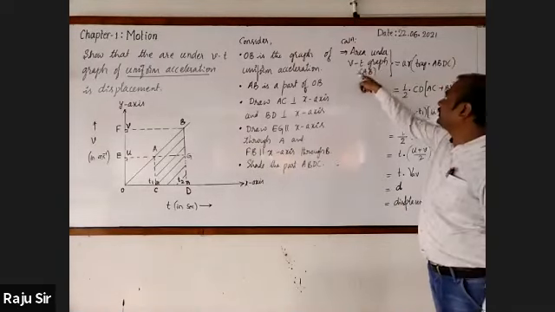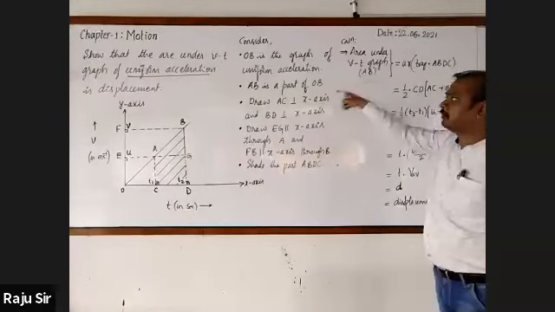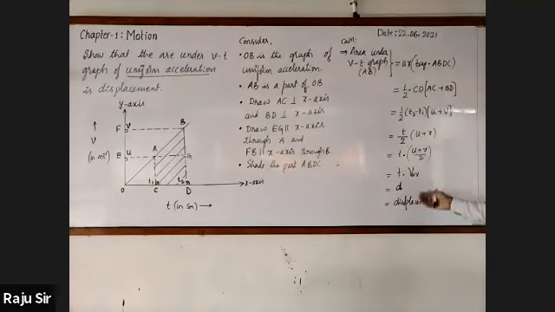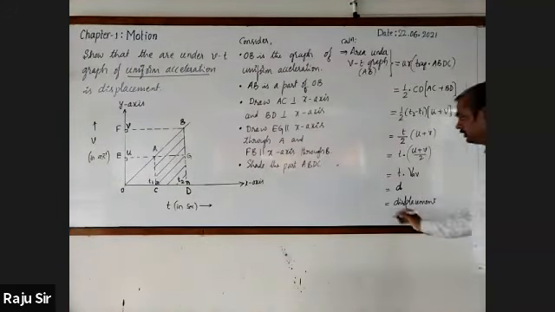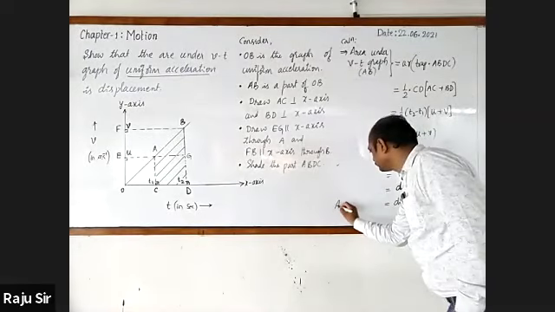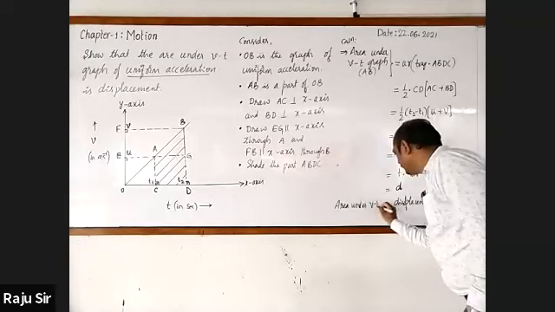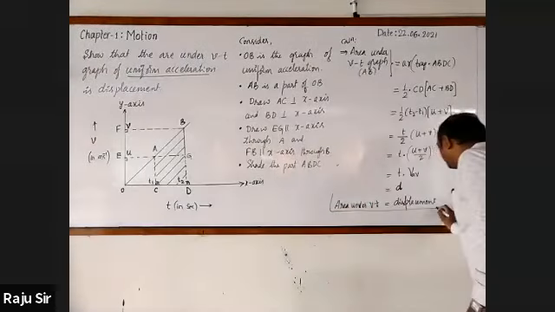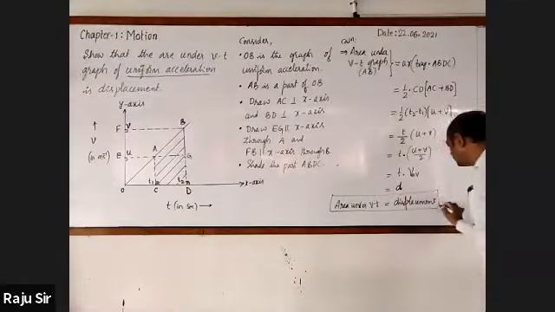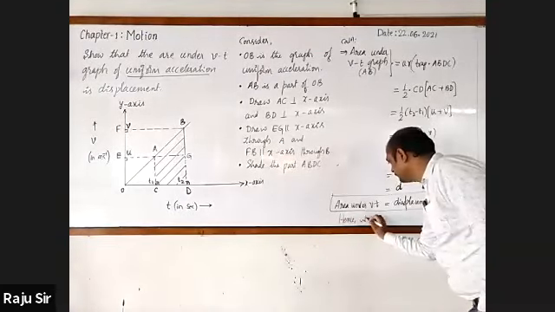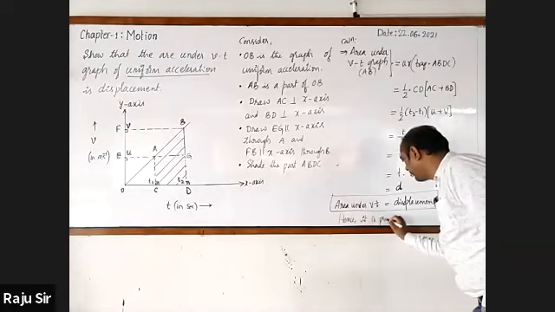So area under VT graph of uniform acceleration is displacement. Hence it is proved. Right. Area under VT graph of uniform acceleration is displacement. Hence it is proved.